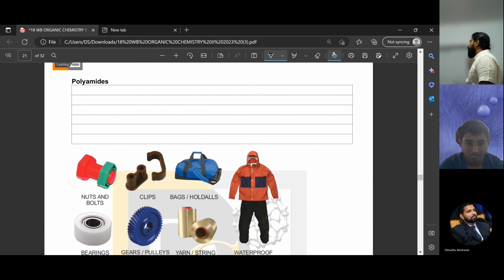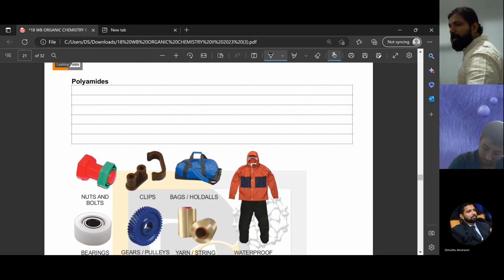So you write down dicarboxylic acids and diamines. Now, dicarboxylic acid is something you know, but diamine is something you don't know, right? Diamines react to form polyamides.